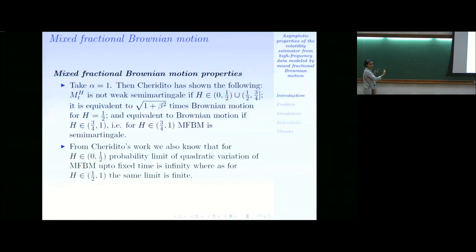That is ordinary collecting of data, and it is not the same as this way of collecting data. Here, in the whole analysis, the time interval is fixed, so the discretization of the data is different in that sense. This is what we are going to call high frequency data. So what Cheridito's work says is how this quadratic variation process behaves depending on how H behaves, and it talks about the probability limit.